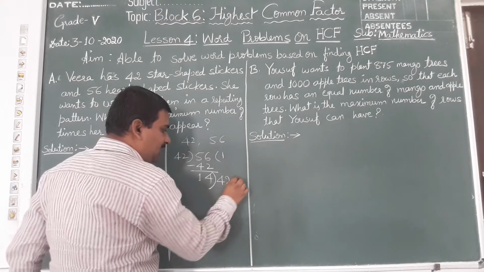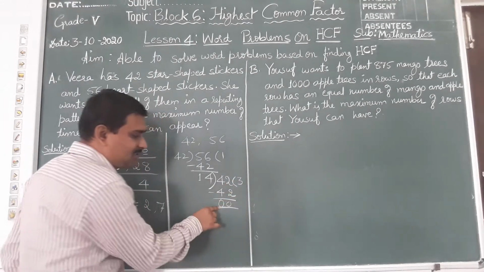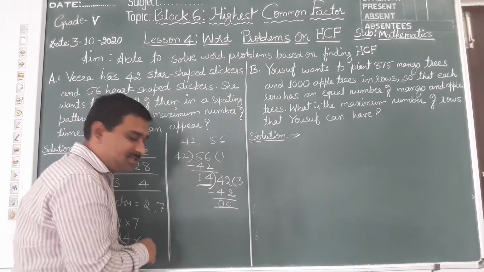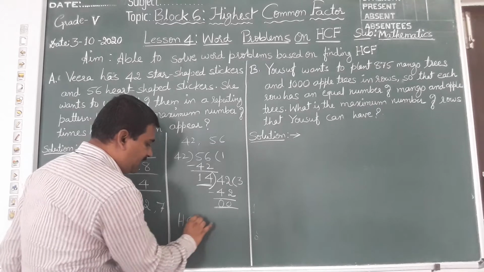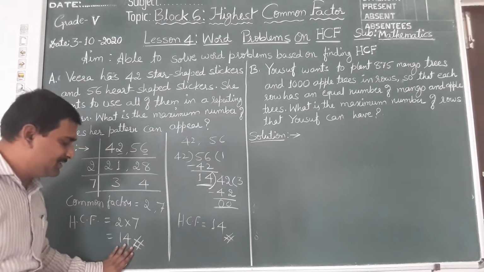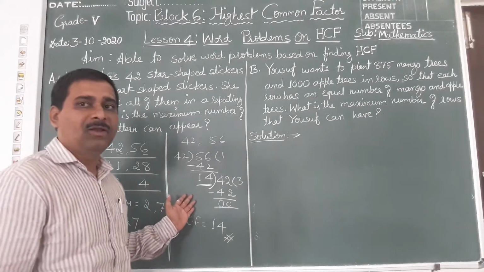So continue till you get 0 as a remainder, and the last divisor will be the HCF. That is, HCF is 14. So 14 HCF. This is by the common division method. This is by the long division method.